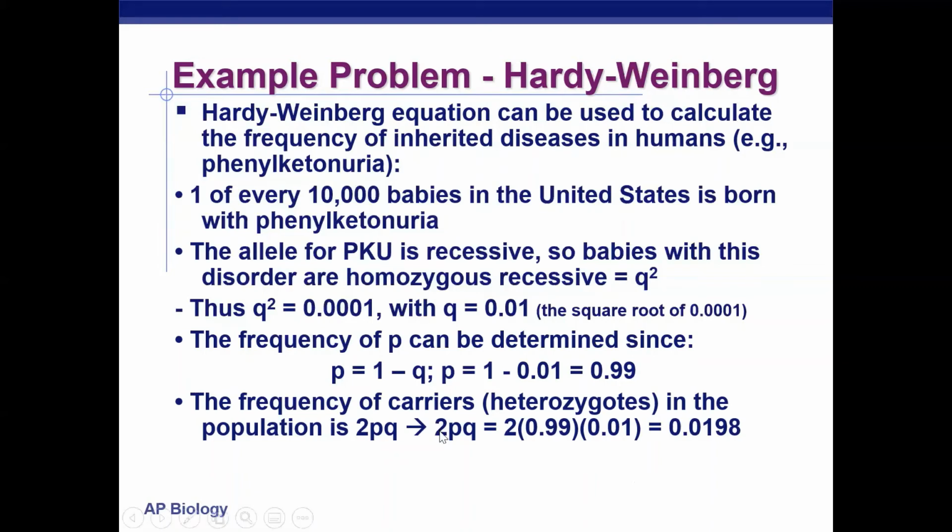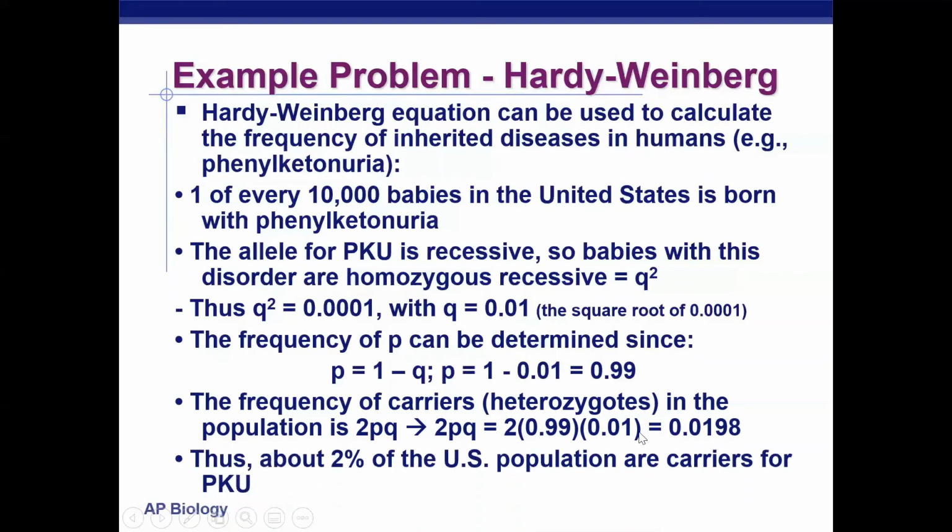So 2 times p, which is 0.99, times q, which is 0.01, multiply all those, you get 0.0198, round to 2 decimal places. And that would tell us that about 2% of the US population are carriers for PKU. Once again, 0.02, we want a percentage, times 100, that's 2% of the population. So really cool that we could use this to figure out these frequencies in a population.